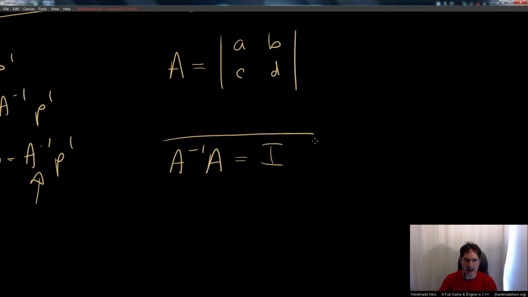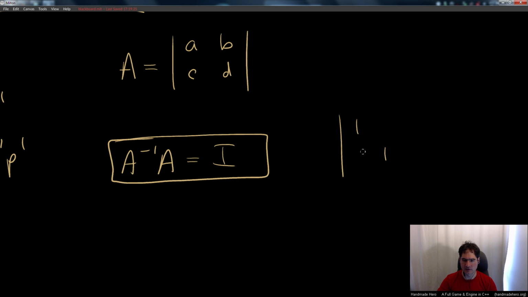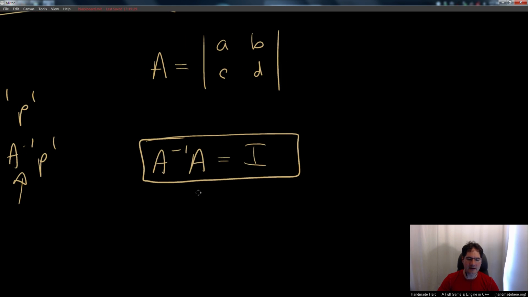So if we have this equation, you'll notice that it is a matrix equation where we have a 2x2 matrix times another 2x2 matrix equaling a known quantity, the identity matrix. And this is an equation that essentially has 4 scalar equations in it, because a 2x2 matrix has 4 slots, so one equation for each slot.